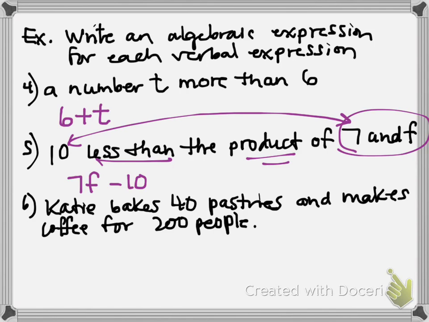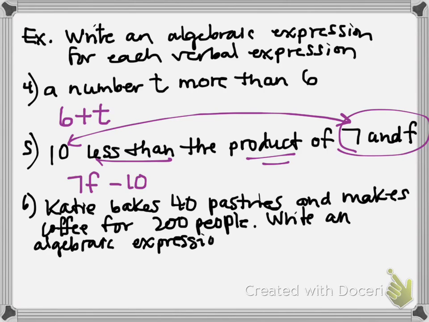Write an algebraic expression for this situation. So Katie bakes 40 pastries and makes coffee for 200 people. Write it as an algebraic expression for this situation.